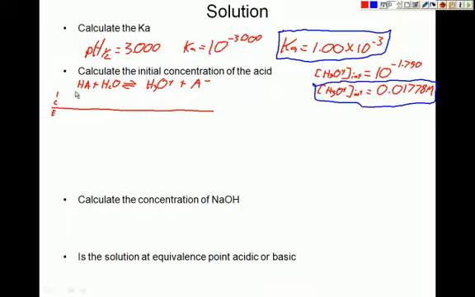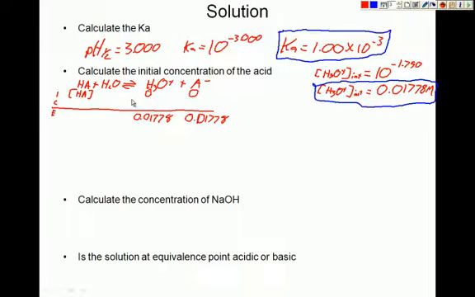We want the concentration of our acid, and the initial concentration of H3O plus is 0, but at equilibrium the concentration of H3O plus is 0.01778. Since it's a 1:1:1 ratio, A minus is also 0.01778.